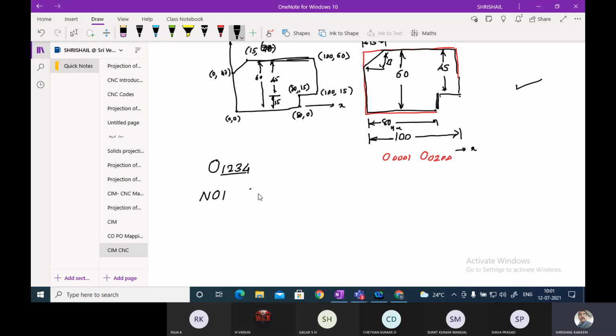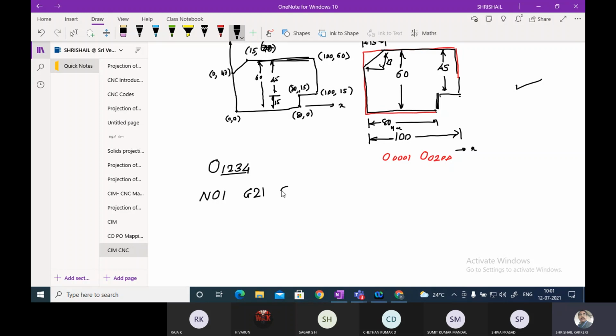So dimensions are in mm. And what kind of feed rate you want to give? Whether feed per minute or feed per revolution.